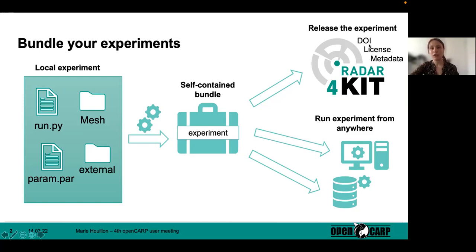There will also be a license associated with your experiment and also some structured metadata in order to describe your experiment and also to give information about the environment in which the experiment was created.